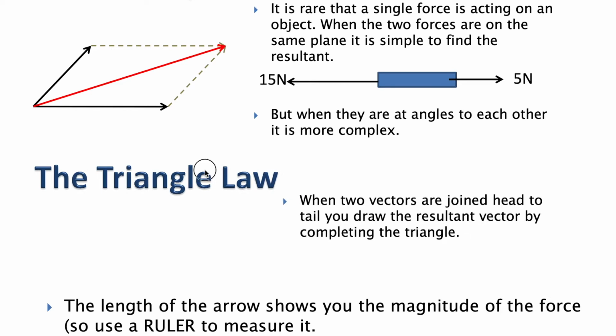So that's called the triangle rule, which you can use. So the key thing is you draw one vector to the right length on a scale, you then join the next vector up top to tail, and then you draw the resultant vector by joining the start to the end and measure that length and use a protractor to measure the angle.